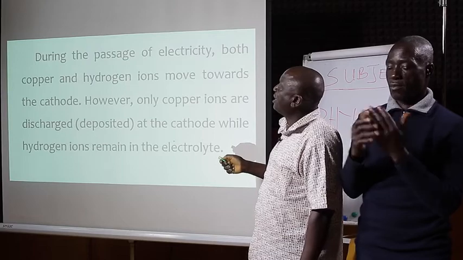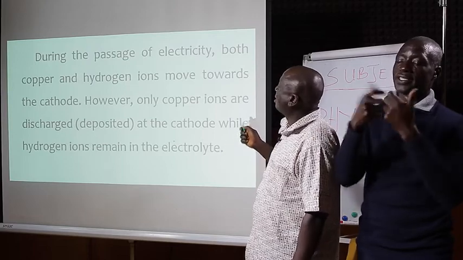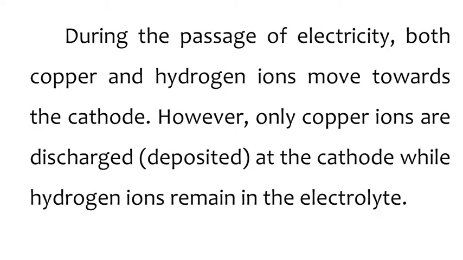So during the passage of electricity, both copper and hydrogen ions move towards the cathode. However, only copper ions are discharged or deposited at the cathode, while hydrogen ions remain in the electrolyte.